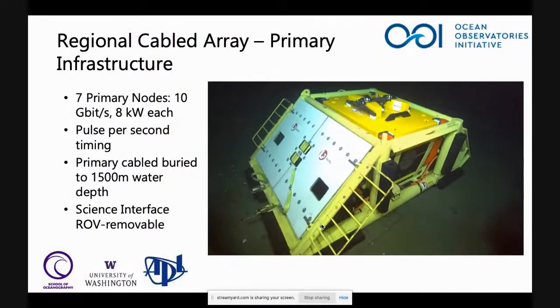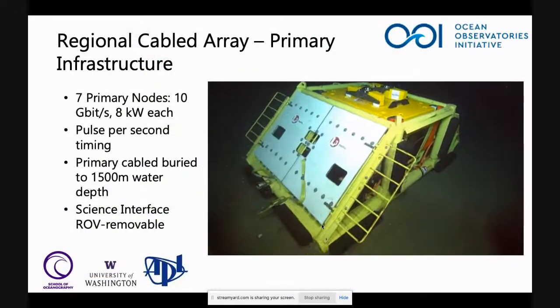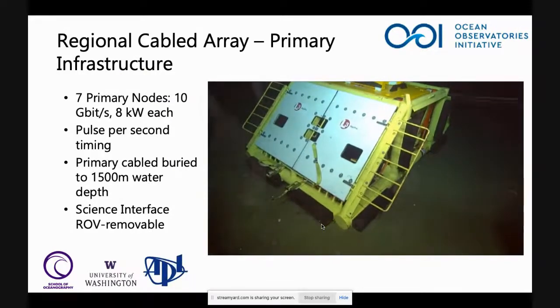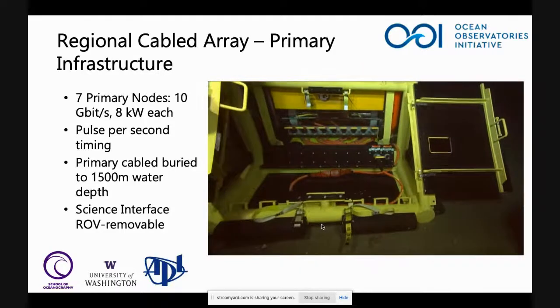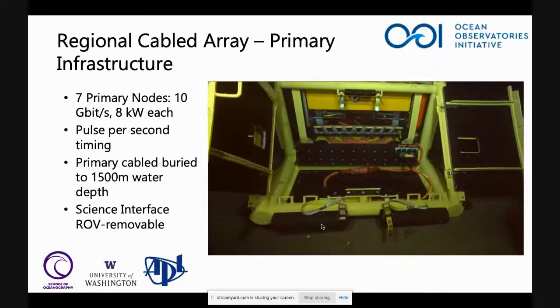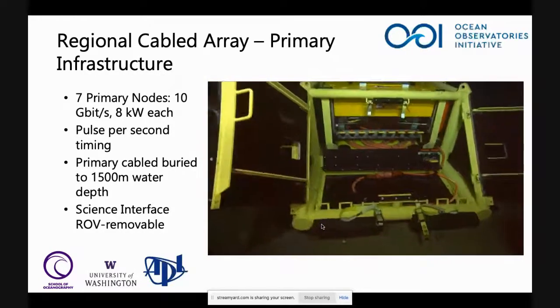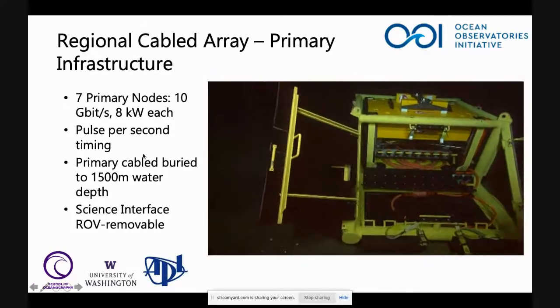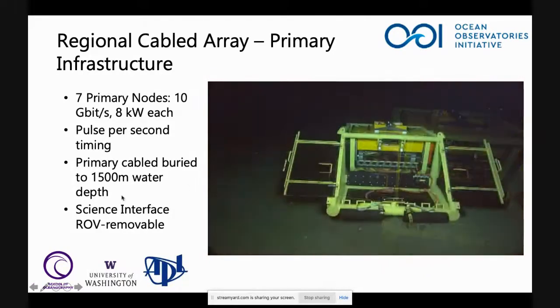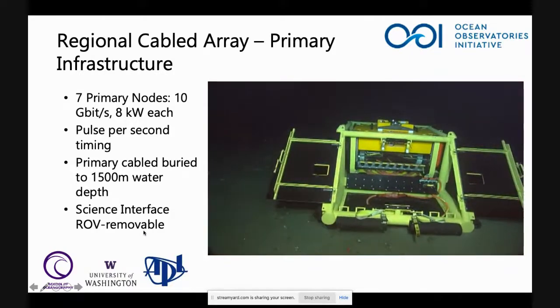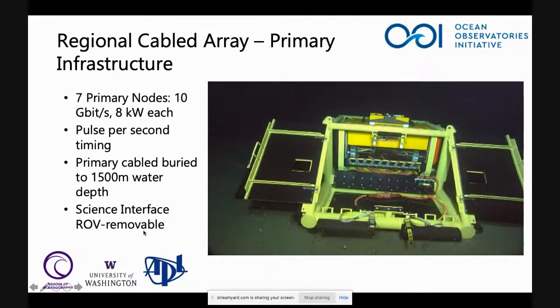This is what a primary node looks like on the seafloor. Again, there are 7 of them. They each bring in 10 gigabit per second Ethernet and 10 kilowatts of power. They distribute timing across the infrastructure. Again, the cable is buried when near shore.